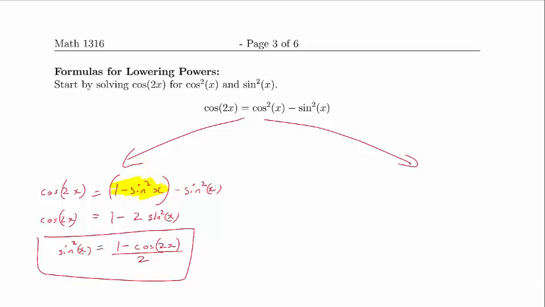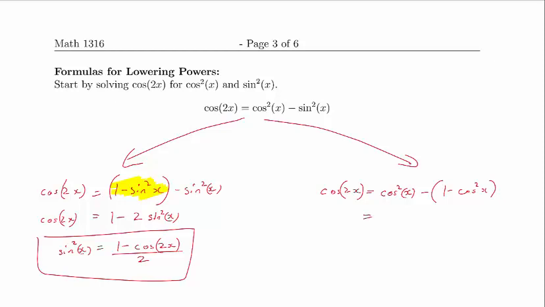So we're going to do the exact same trick. We're going to take cosine of 2x. We have cosine squared x, and now we're going to replace that sine squared with 1 minus cosine squared x via the Pythagorean identity.